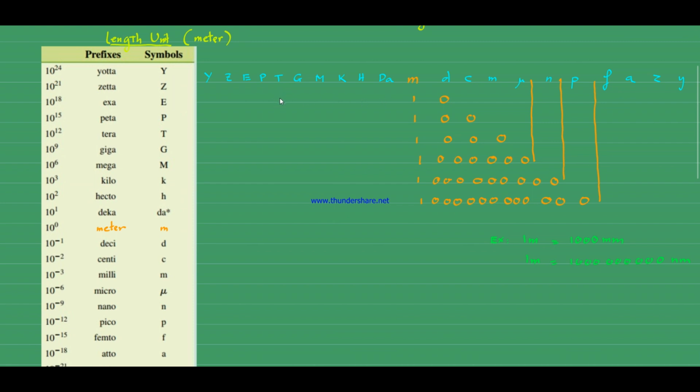There are 12 zeros. So 1 tera is 1 trillion.